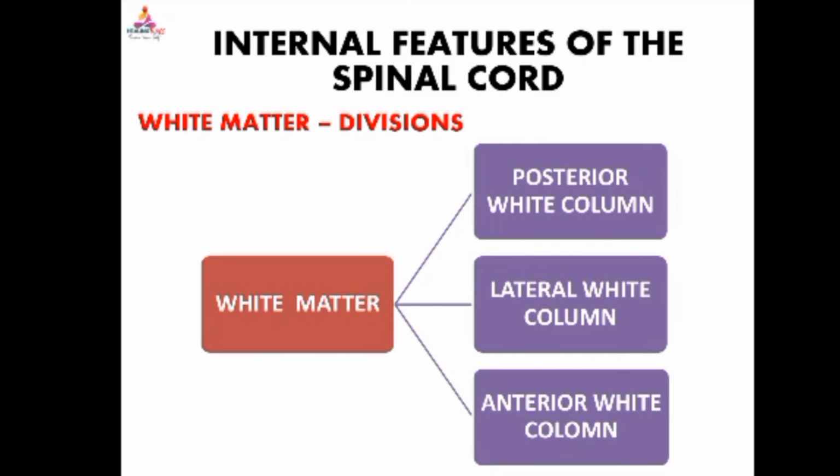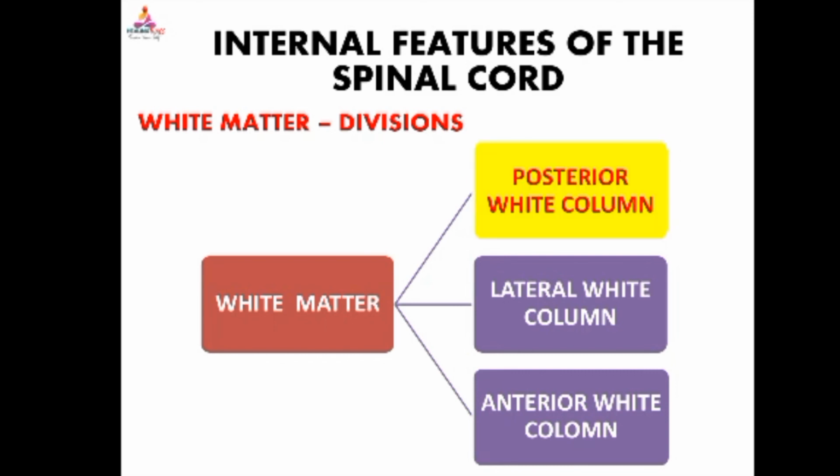Division of white matter: in each half of the spinal cord, the white matter is divided into three parts called white columns or funiculi. That is the posterior white column, lateral white column, and anterior white column. Posterior white column is between the posterior median septum and posterior horn.